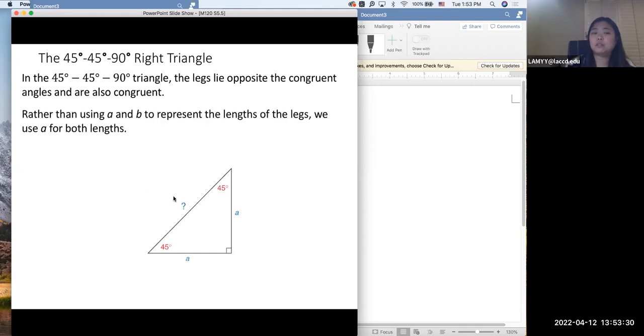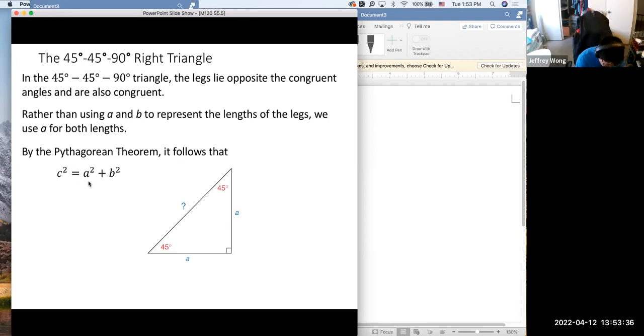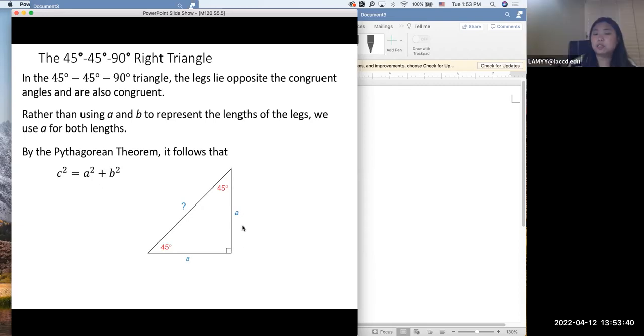Remember the formula? Pythagorean theorem: A squared plus B squared equals C squared. Right? Can you plug in? I assume these two sides are A. Using this formula, find the hypotenuse in terms of A. Okay, plug it in.